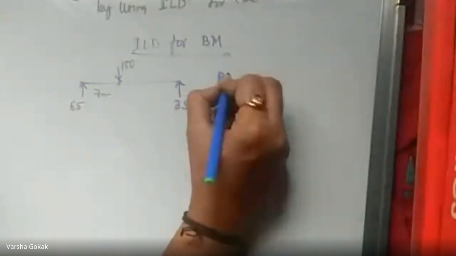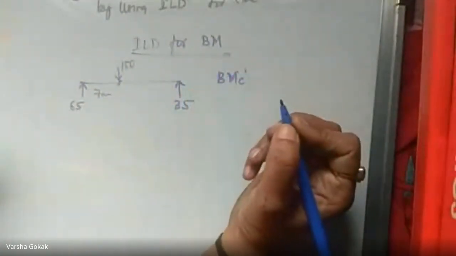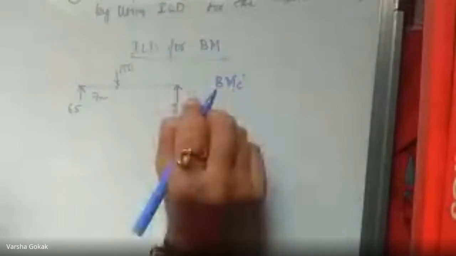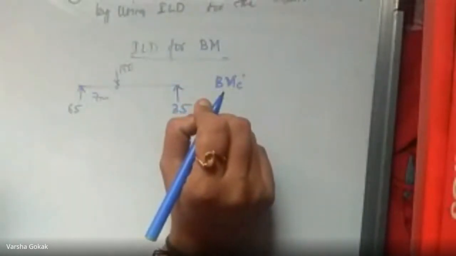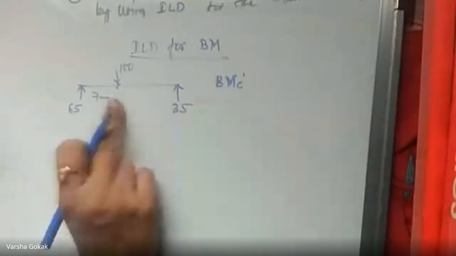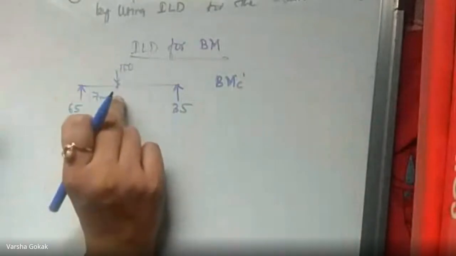You've got a 65, you've got a 35, and here you've got a 100. This is 7. So when I'm writing bending moment at C, what is the formula for bending moment at C? From your simply supported beam with a single point load you had done, no?